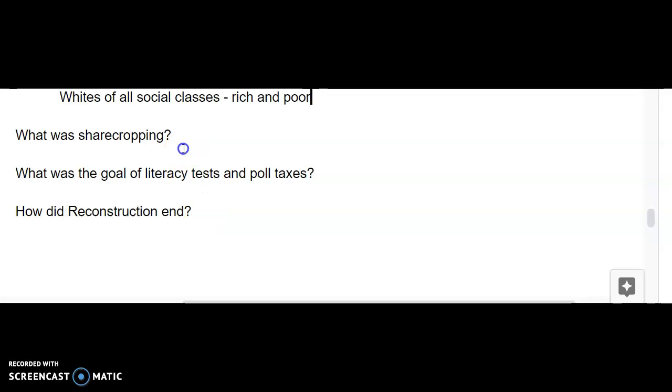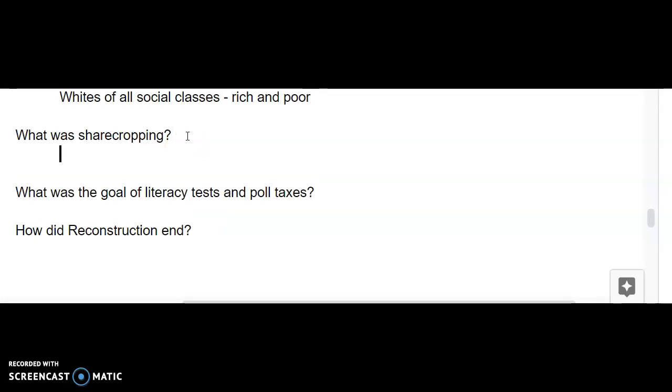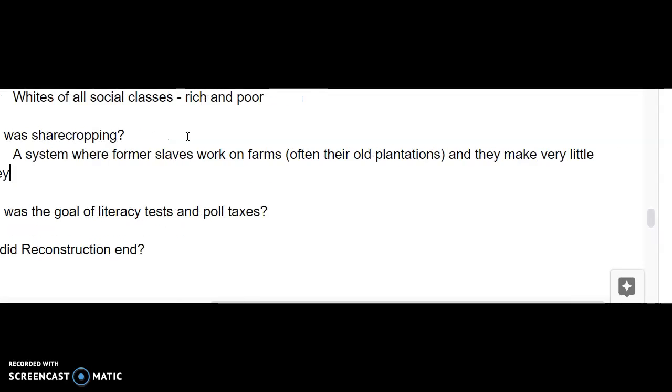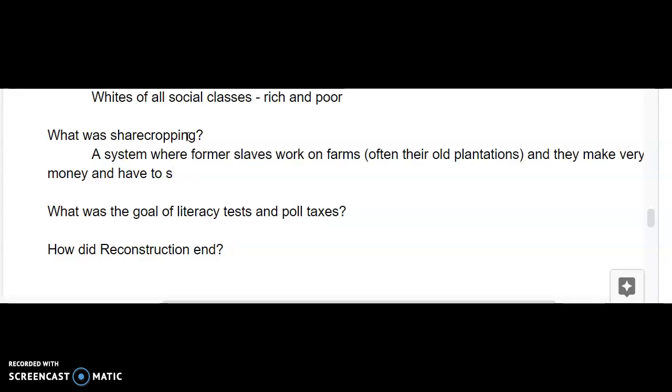Now, one thing that I do find that people have been missing a lot is sharecropping. So sharecropping is a system where former slaves work on farms, often their old plantation, and they make very little money, and have to share their crops with the landowners.